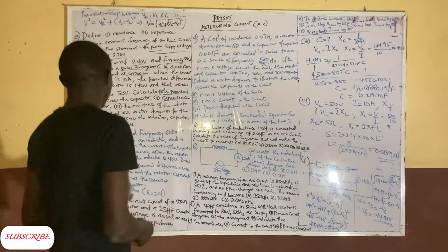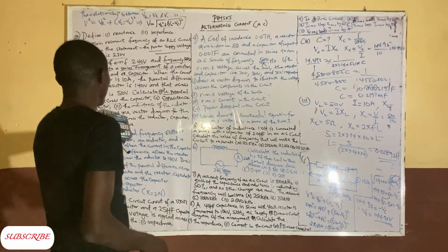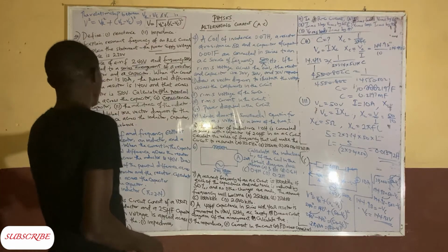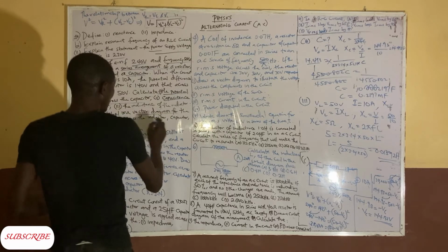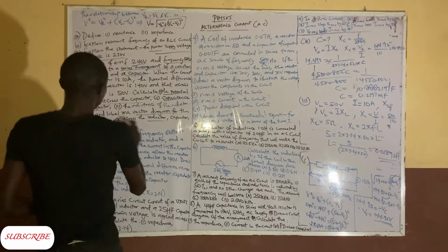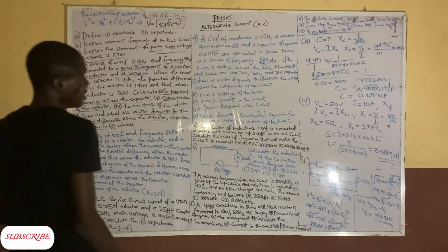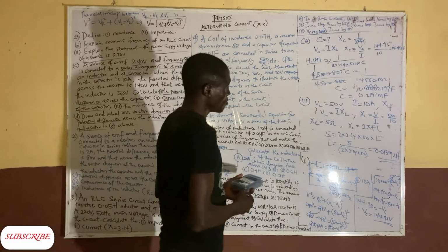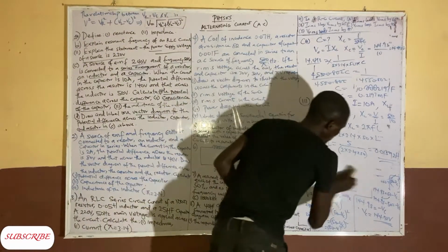The last one says: draw and label a vector diagram for the potential difference across the inductor, capacitor and resistor in the circuit. Now the vector diagram, we have done it before, let me draw it again.